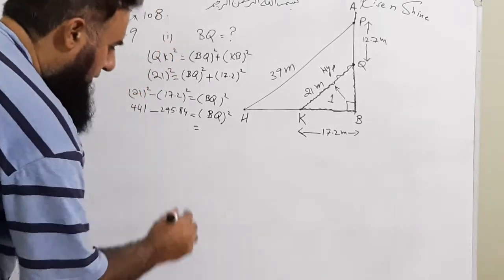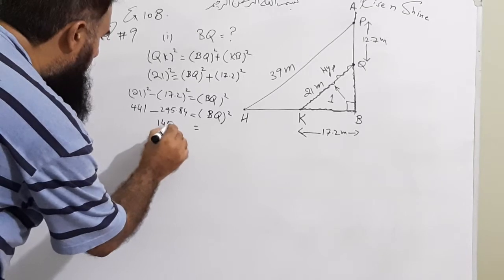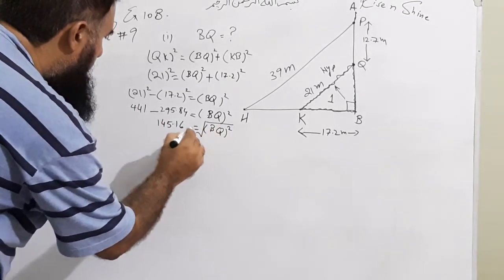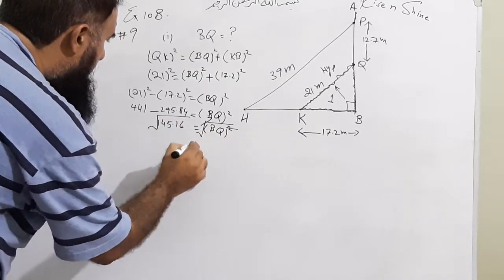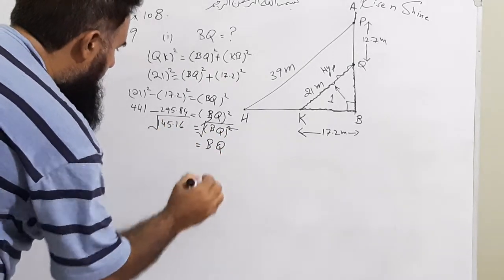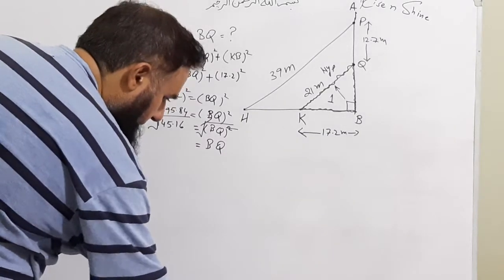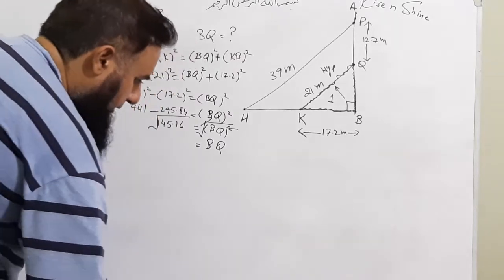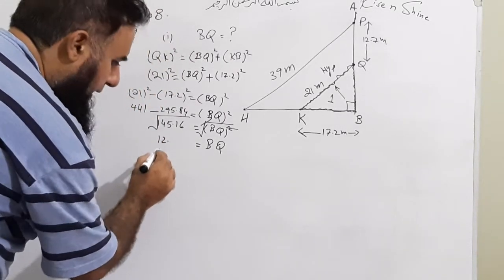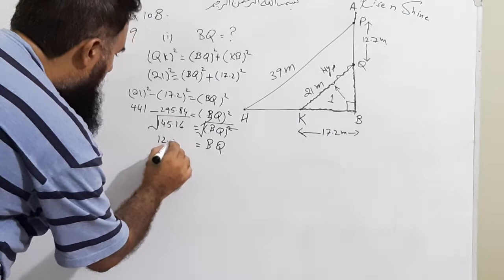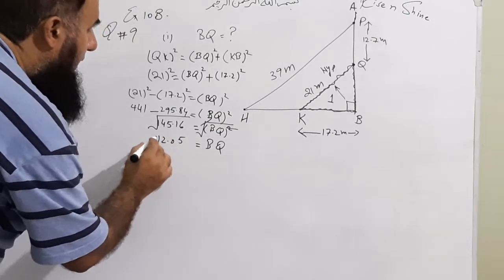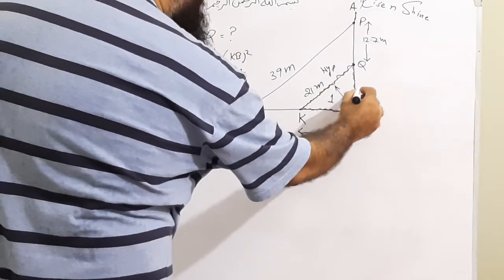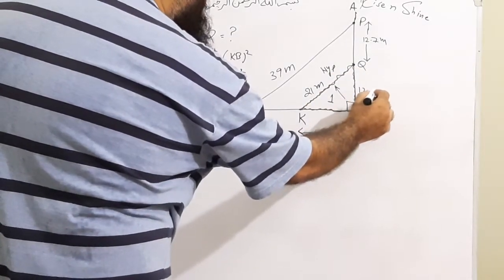It becomes 145.16, is equal to BQ square. We'll take under root of both the sides. So BQ is equal to under root 145.16. So we get the answer 12.048 meters. So BQ, which was unknown, now we have this value, 12.05 meters.